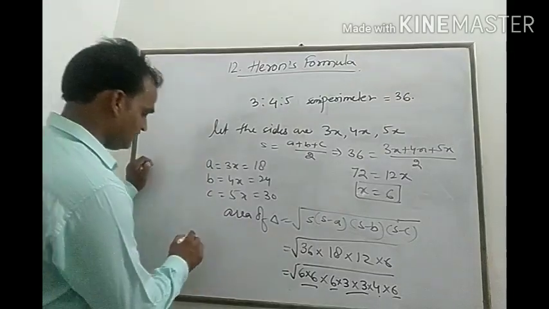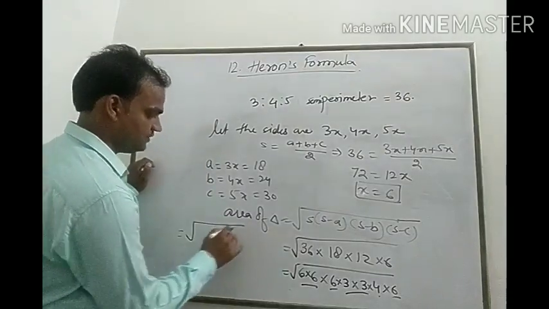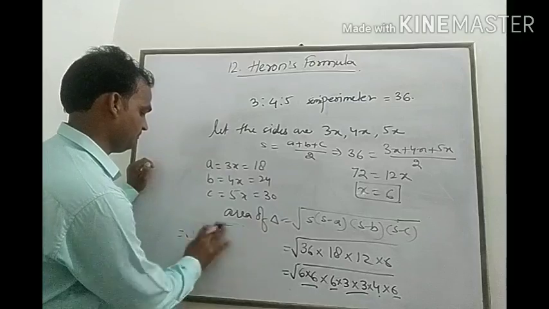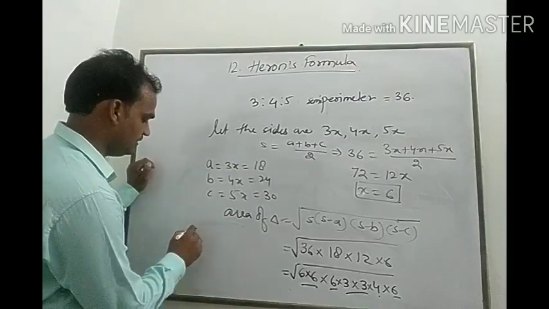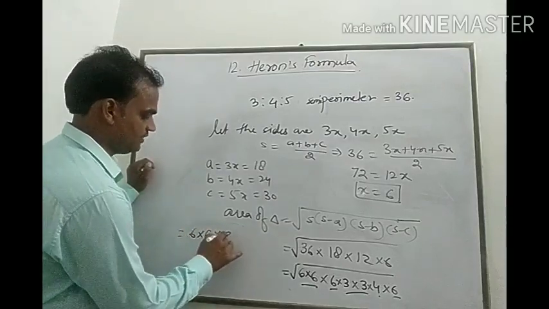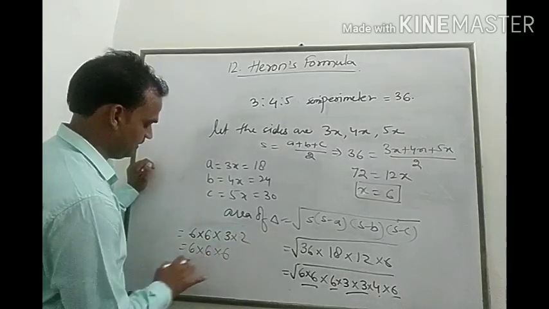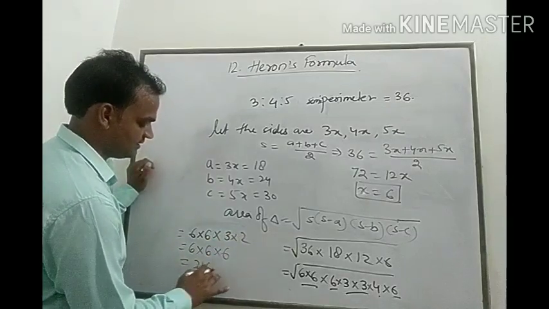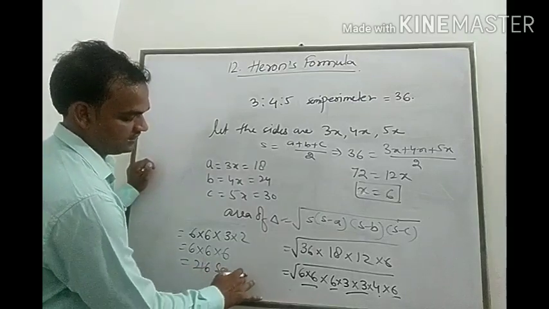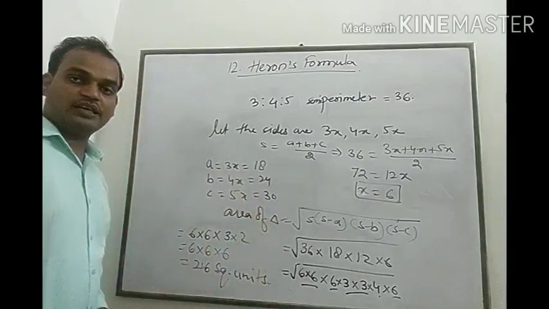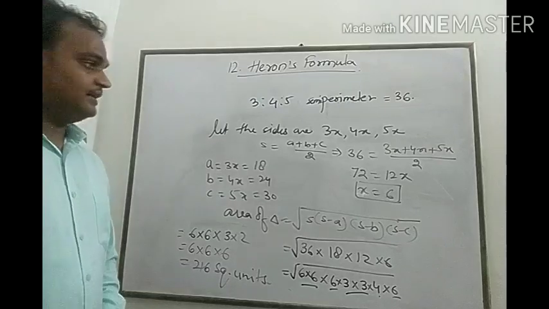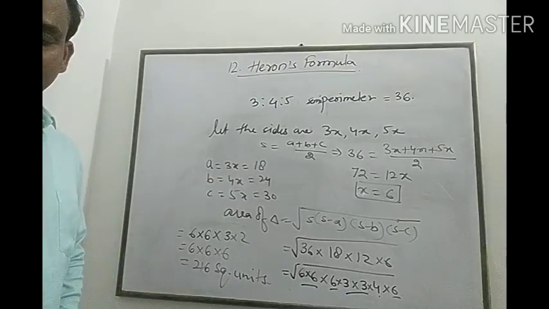So we can write it as under root 6 into 6 into 3 into 2. So 6 into 6 into 6, that is 216 square units. Okay. Take the screenshot. I think you got this.